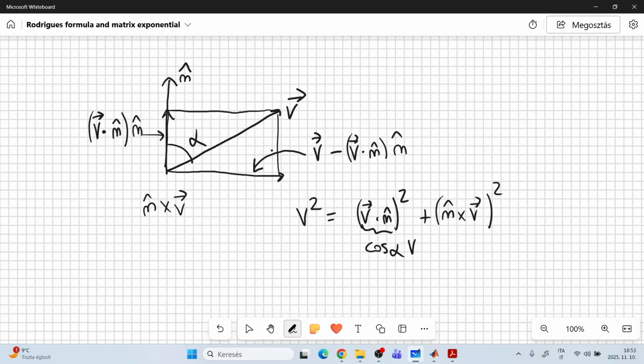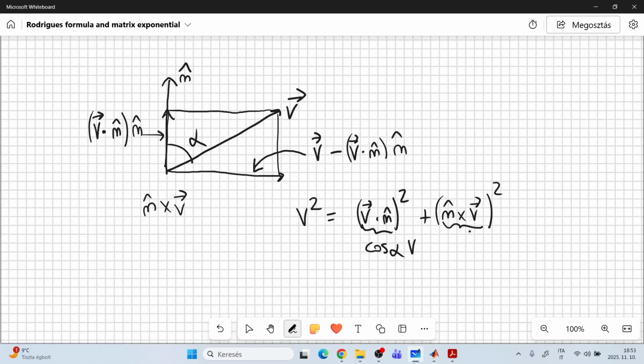So we have to rotate v around n, and that's a different angle. So alpha is a fixed angle. It's an angle between n and v. Whereas the cross product, the mode of the cross product is the sine of this angle times v. So when you do this algebra, it's easy to see that you get cosine squared plus sine squared multiplied by v squared.